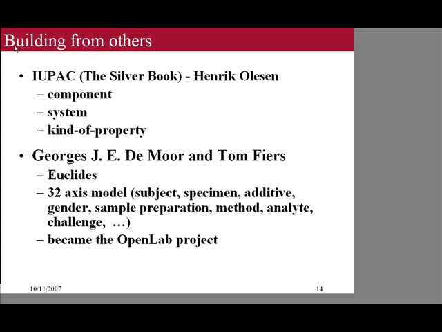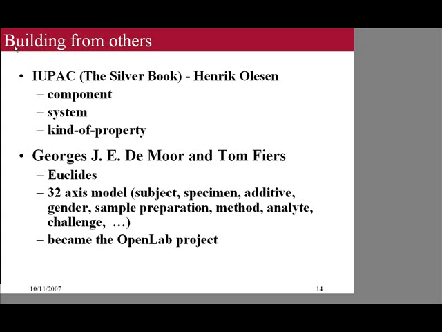And George Demore and Tom Fears had a system called Euclides that actually had a 32-axis description of laboratory things that talked about the specimen type, specimen preparation, gender of the person that the test was done on, how the test was sampled, what was measured, kind of instrument that was used to measure it, all that sort of stuff.